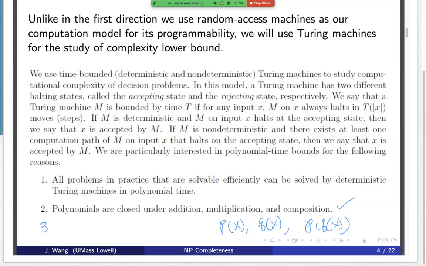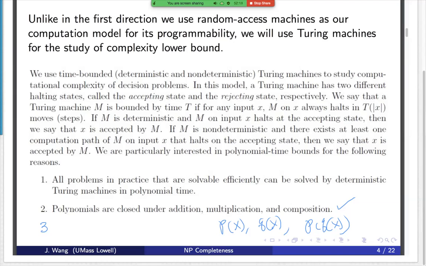There are other models, such as Turing machines with 2 tapes or k tapes or 2-dimensional tapes, or even other computation models that don't involve Turing machines, such as lambda calculus. It turns out that all of these computation models are equivalent to Turing machines with a single tape within a polynomial time bound.